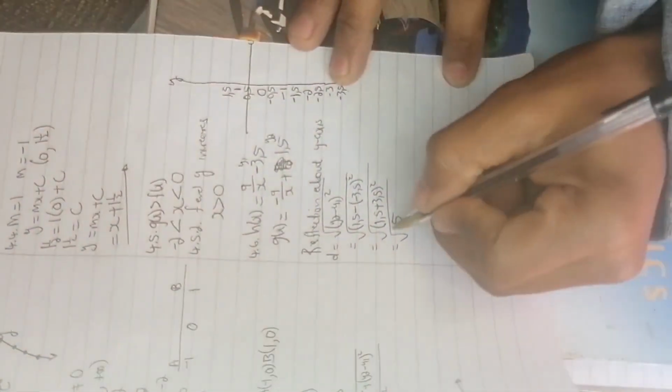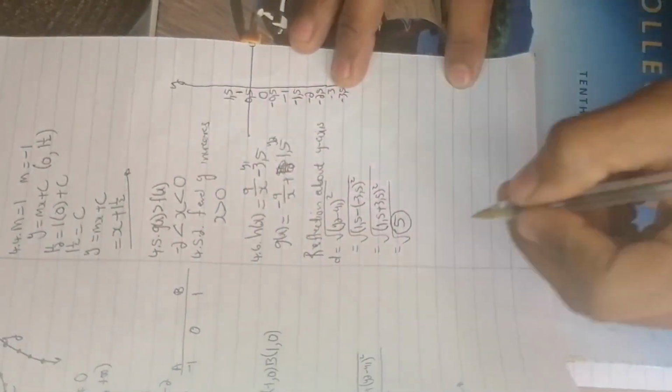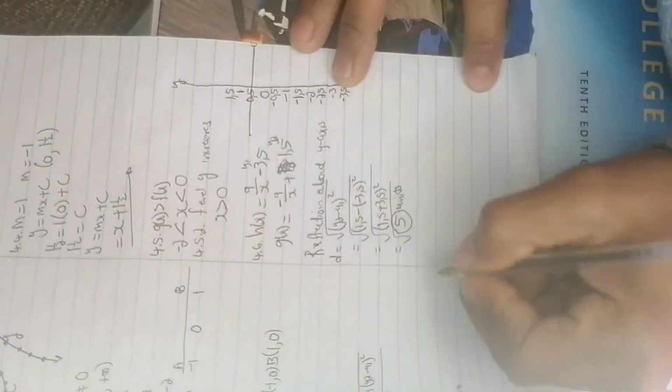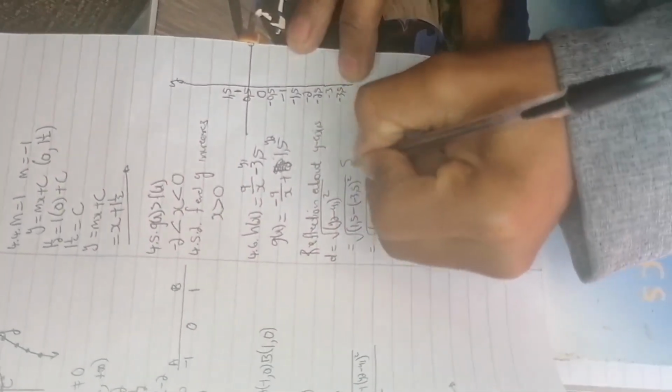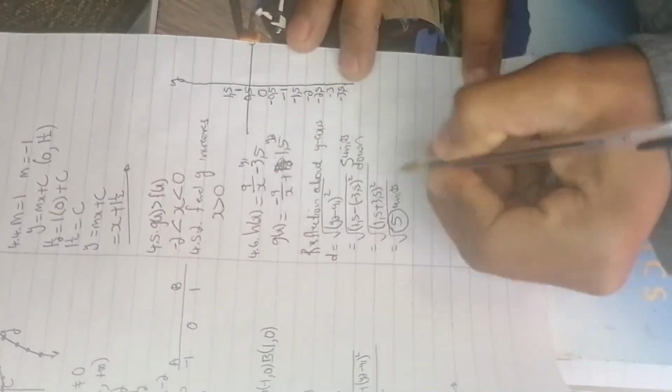Okay, so that should tell me to take the value that is inside of the square root and say this is 5 units. So meaning we have a reflection about the y-axis and 5 units down by the distance formula.